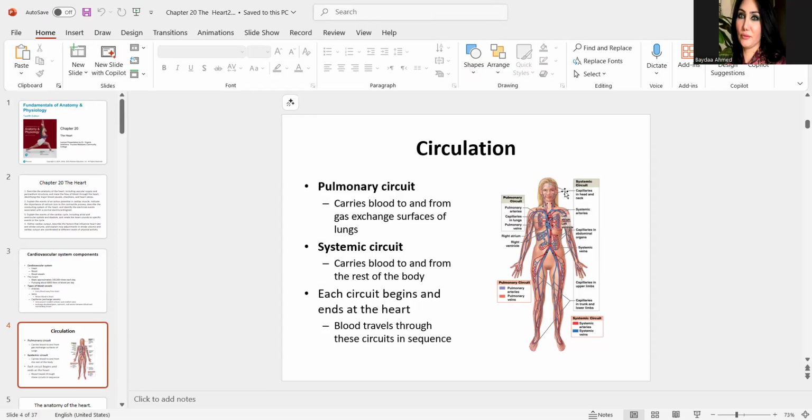Those blood vessels make up a pulmonary circuit, which carries the blood to and from the gas exchange surfaces of the lung, and also systemic circuits, which transport blood to and from the rest of the body. Each circuit begins and ends at the heart, and the blood travels through these circuits in sequence.